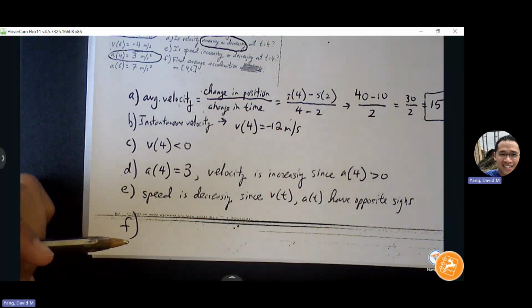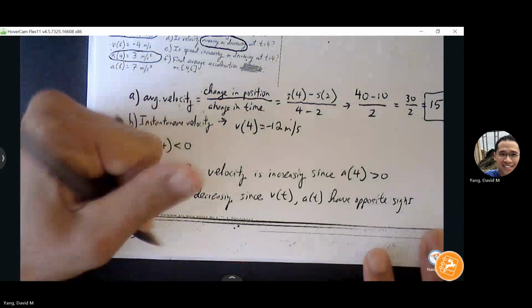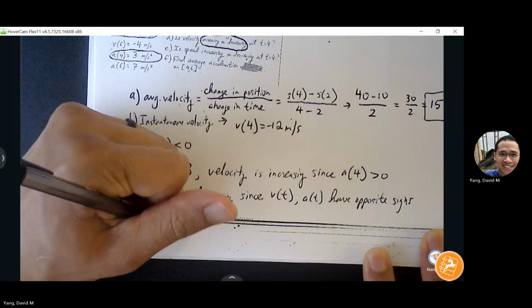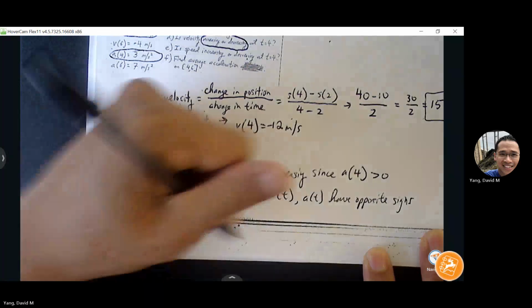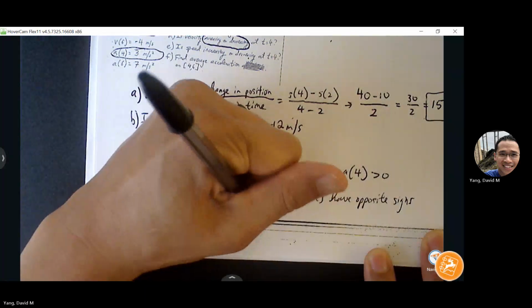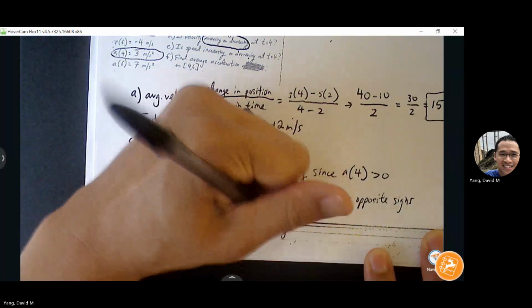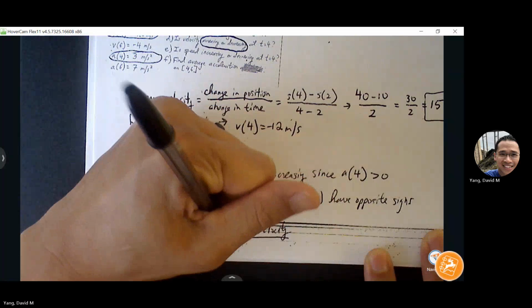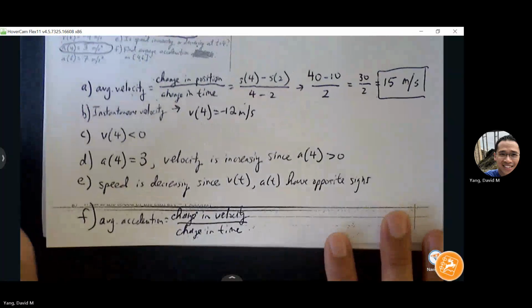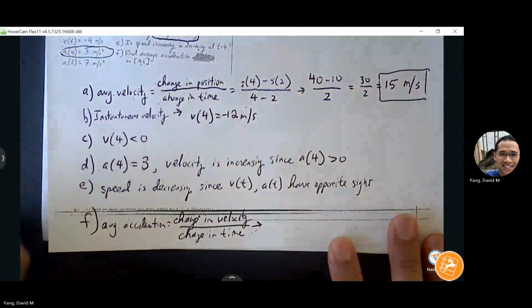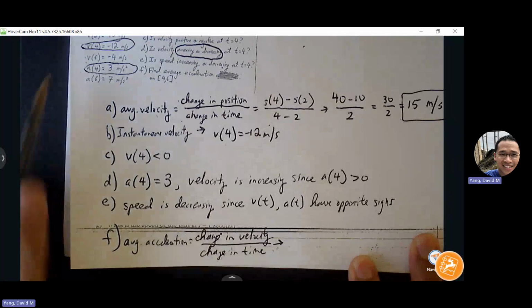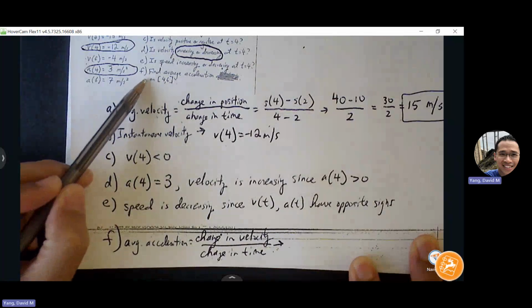And what's above acceleration is velocity. So what would you use to build your average acceleration then?